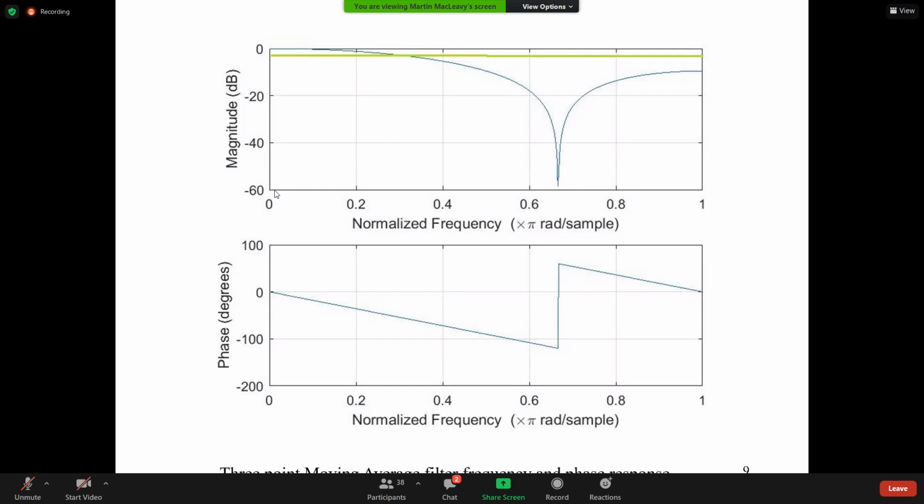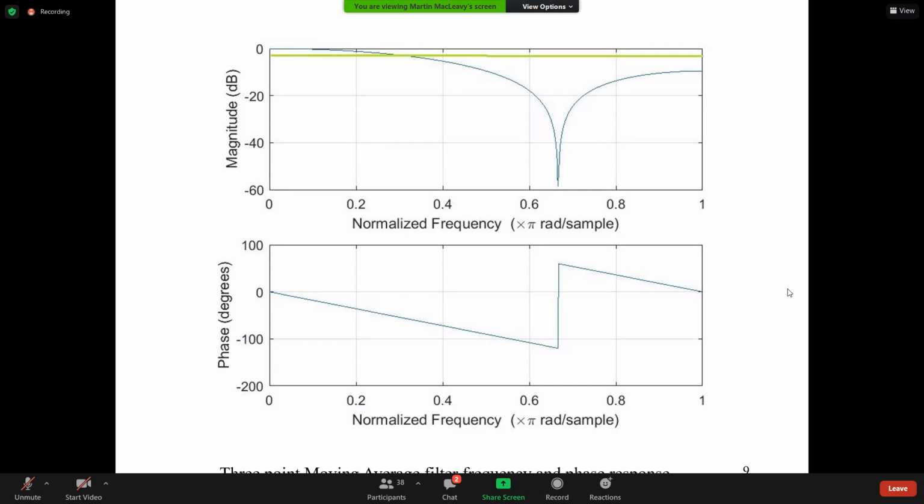All of this will be a bit confusing at first, perhaps. Here we have our normalized frequency, normalized to pi radians per sample. We'll talk about that a bit more later on. But for now, it's just to show you that our filter is a low pass filter.